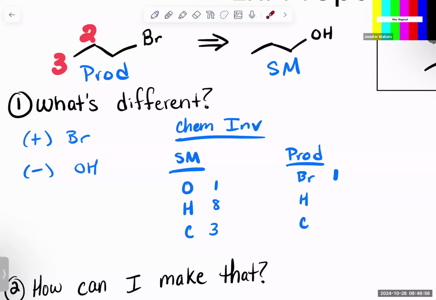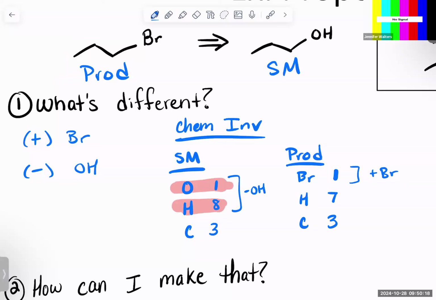There's 3, 2, 2, so there's 7. How many carbons do you have? 3. So what this helps you see is that you are losing that one OH and you are gaining that one bromine, right?